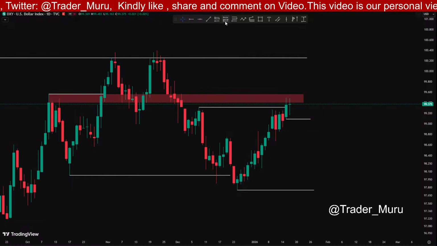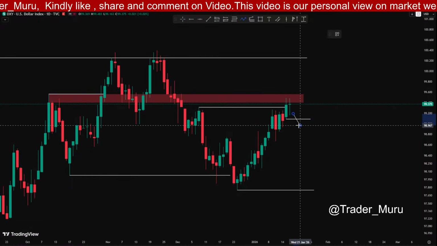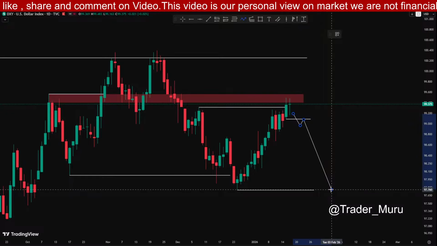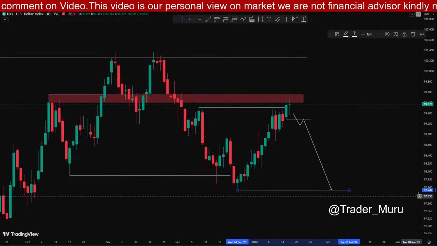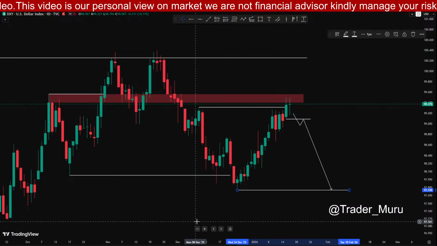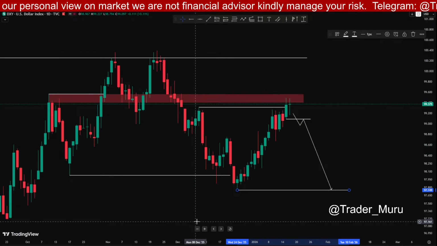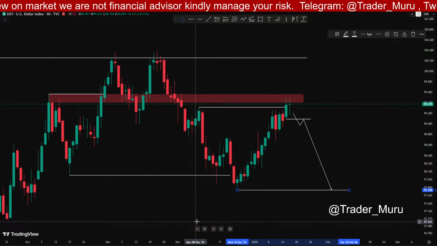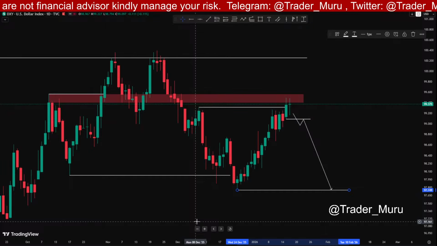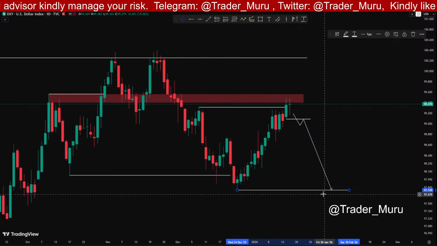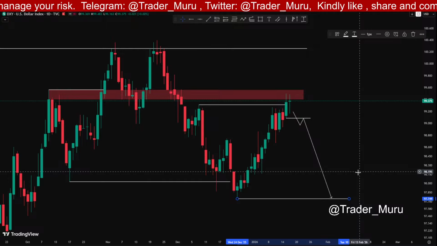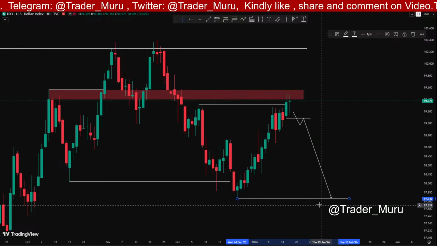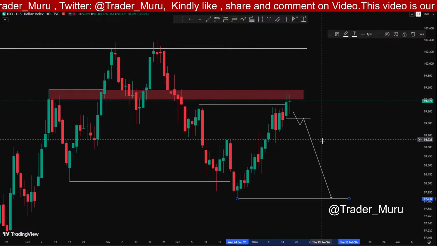After this low break, we will be watching for this drop, and target will be 97. So this will be our next low, and then our target will be this drop here.